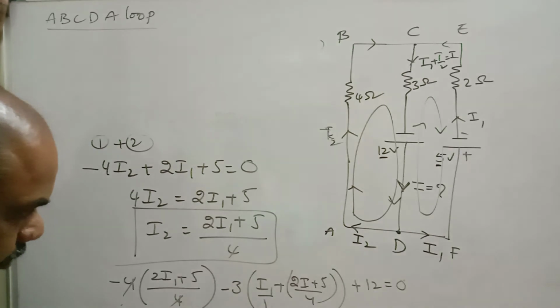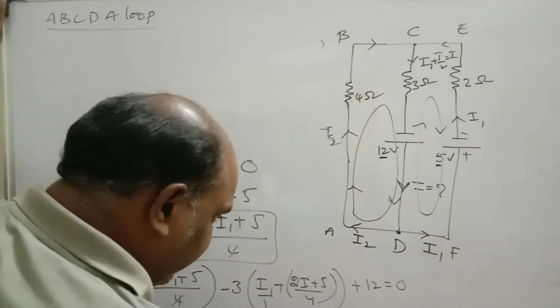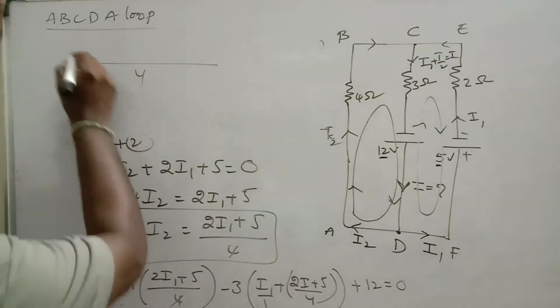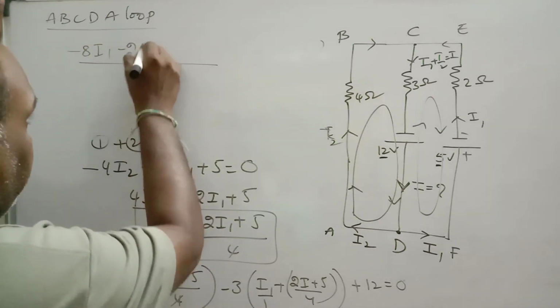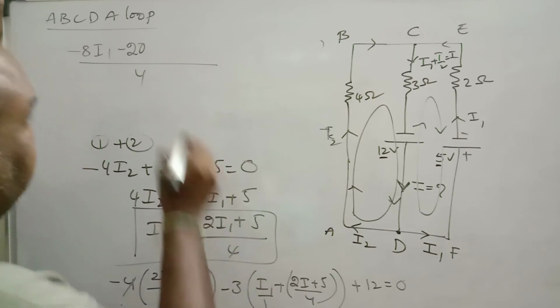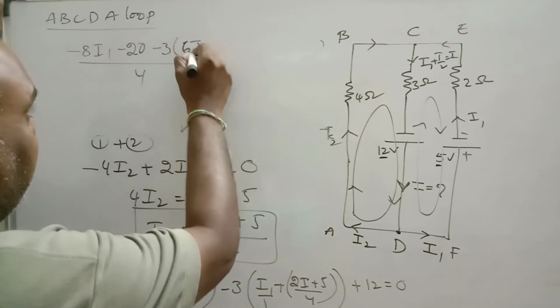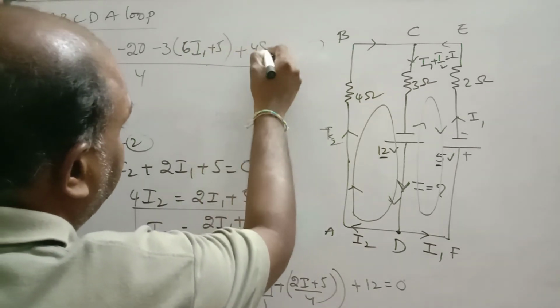Here LCM is 1, here LCM is 1, here base is 1. So total LCM is 4. 4 into minus 2 I1 is minus 8 I1, minus 20. Here 4 is there. Minus 3 into 6 I1 plus 5, plus 12 fours are 48, is equal to 0.